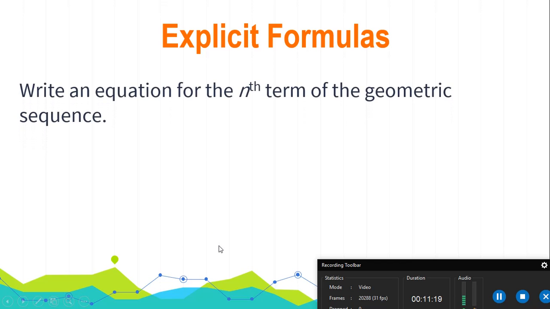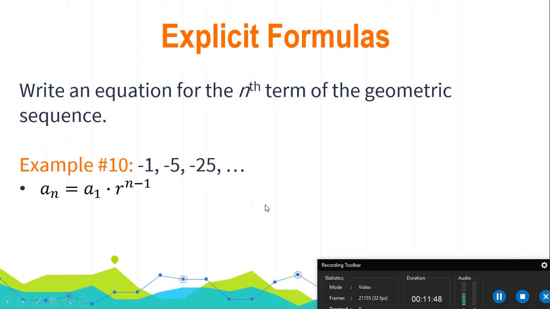The last thing we're going to talk about today is writing an explicit formula. So what we're going to do is take some of the information that we have and write an equation to solve for the nth term. If we had 3 pieces, we would just solve it, but typically we don't have 3 pieces to sub in. So in example 10, I do know that the first term is -1, and then this one's pretty simple, so I can see that I'm multiplying by 5, so r is 5.